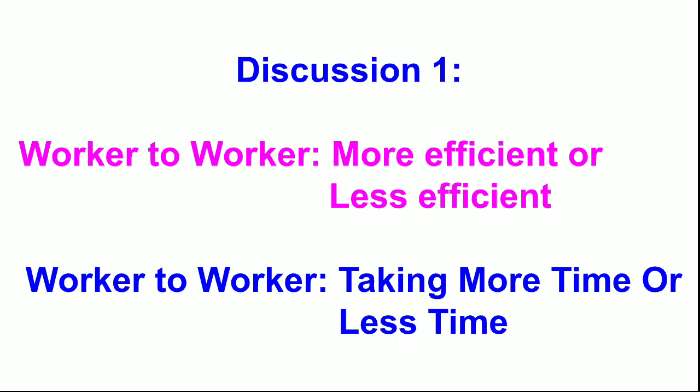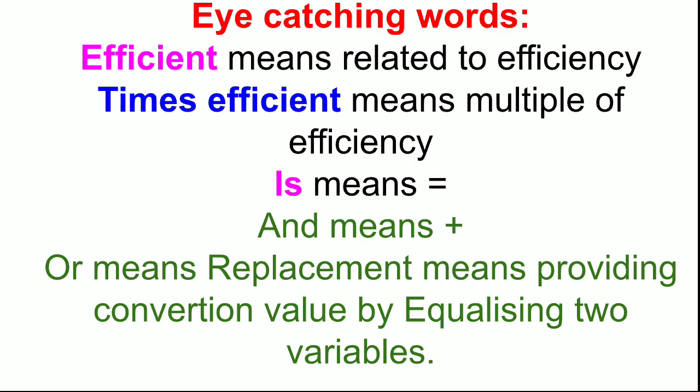Now we are going to discuss a new discussion, that is worker to worker, more efficient or less efficient, worker to worker taking more time or less time. Eye-catching words are here.